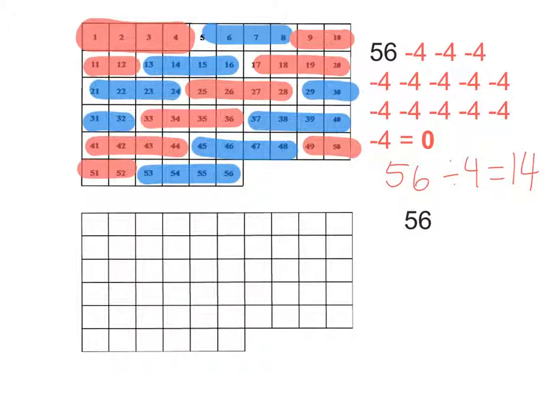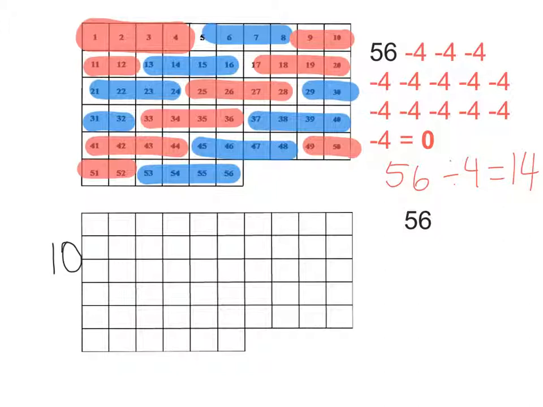First, we choose our friendly number. We know our friendly numbers are 10, 5, 2, and 1. Since our number is greater than 4 times 10, we know we can use 10. What does this number actually mean? 10 means we're going to take away 10 groups of 4 all at the same time.